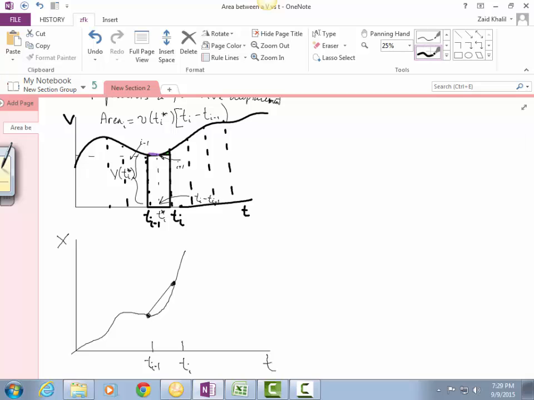In other words, there's a point right around here such that the tangent line through that point is parallel to that secant line. Now remember, that secant line is the average velocity.